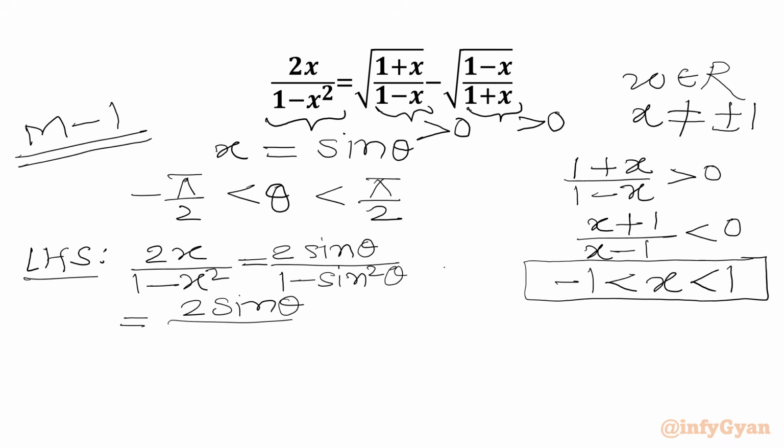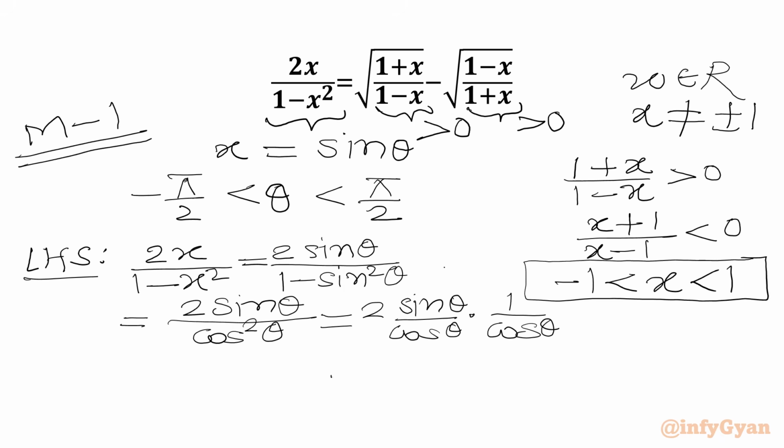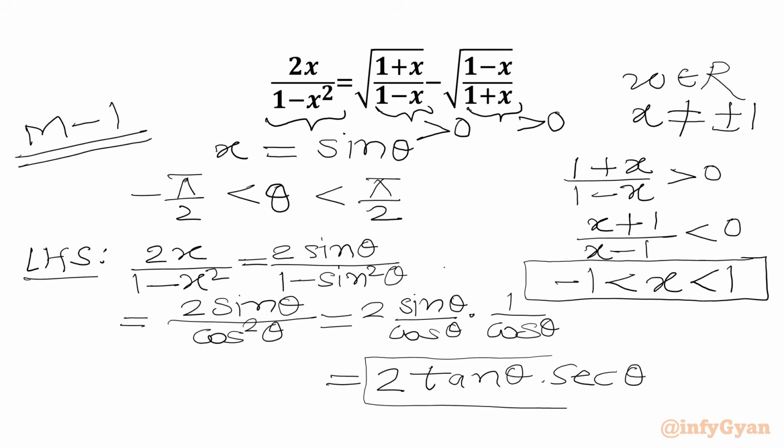So 2 sine theta over cos square theta will be equal to 2 times sine theta over cos theta times 1 over cos theta. Here 2 times sine theta over cos theta is 2 tan theta, and 1 over cos theta is sec theta. So our left hand side is 2 tan theta sec theta. This is our LHS.